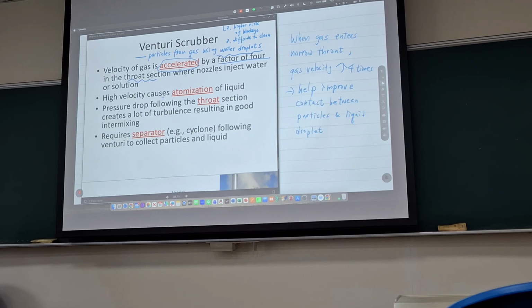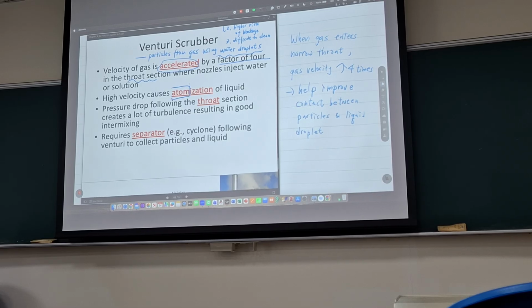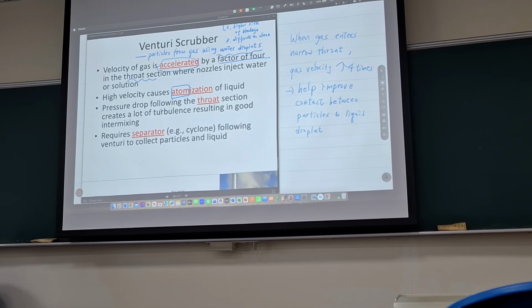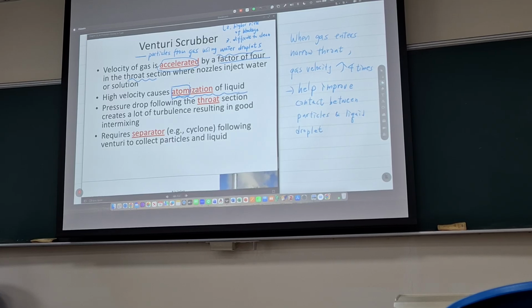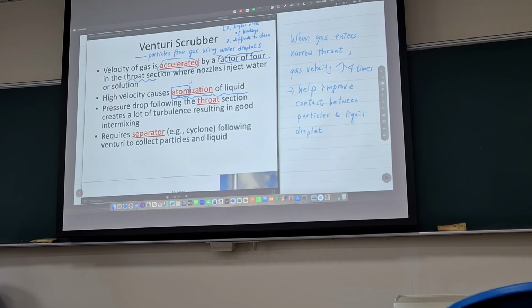Okay, the high speed causes atomization. You might know atom, right? Atom is very small. So that means the high speed causes atomization of the liquid, which equals many tiny droplets.